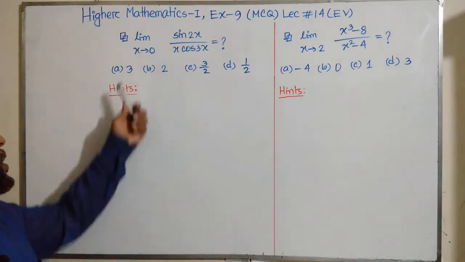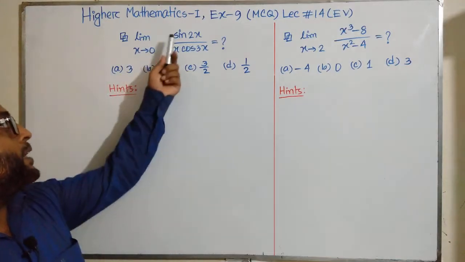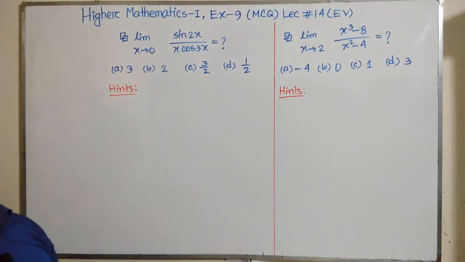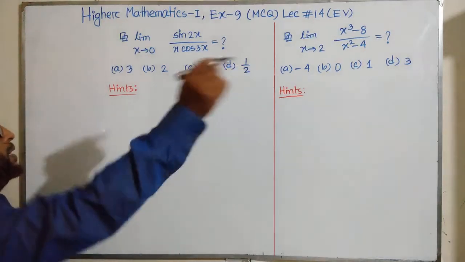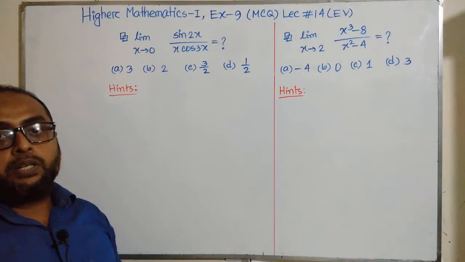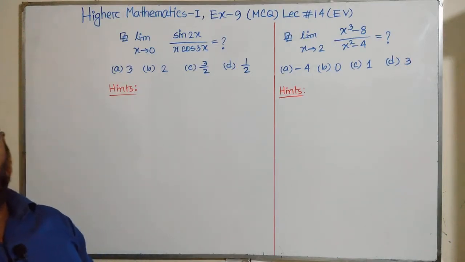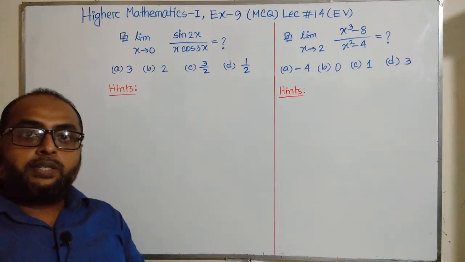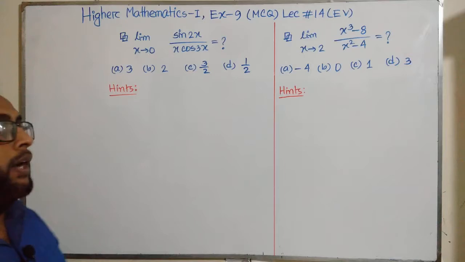Here if we put limit x equal to 0 in this function, we will get 0 by 0 format. So this is not acceptable answer. Okay, to do this, you know, there are two formulas of limit. One is sin x by x equal 1 and another is tan x by x or x by tan x is equal to 1.